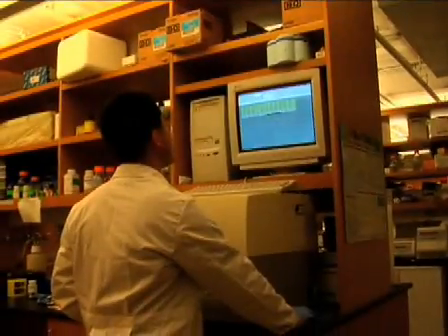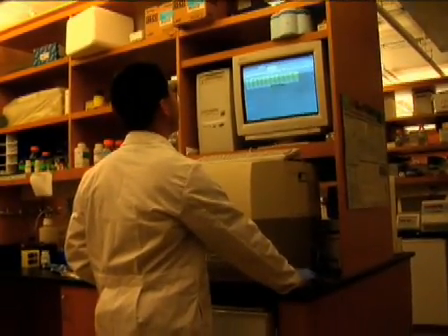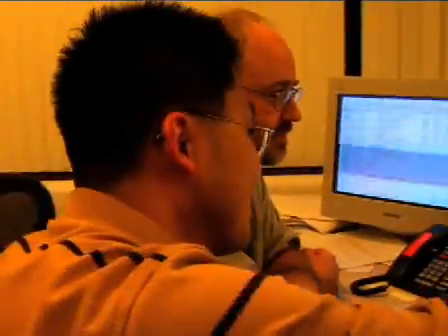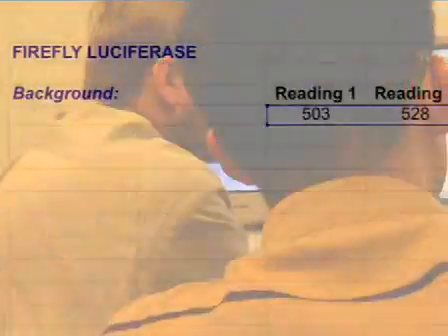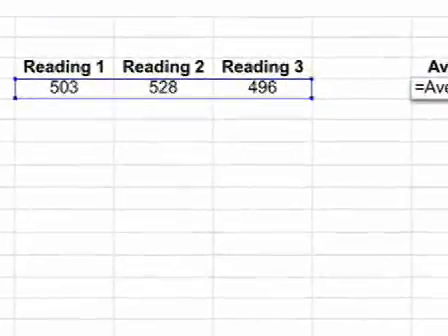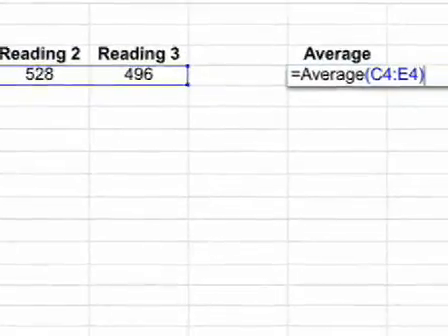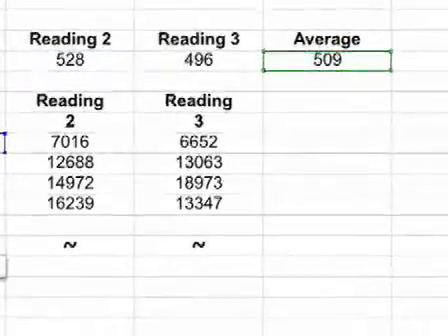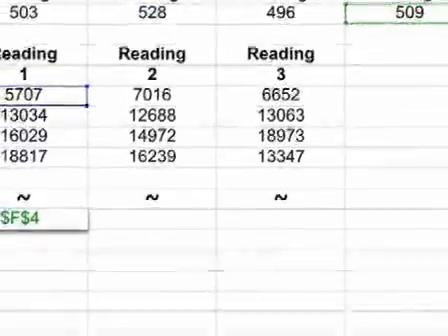Once the data have been collected with the microplate reader, they can be transferred to a spreadsheet program such as Microsoft Excel for further analysis. First, calculate the average from the 3 untransfected wells and subtract that value from each of the data points.